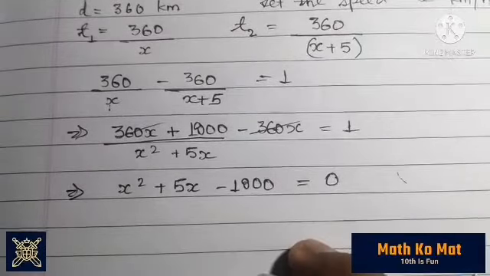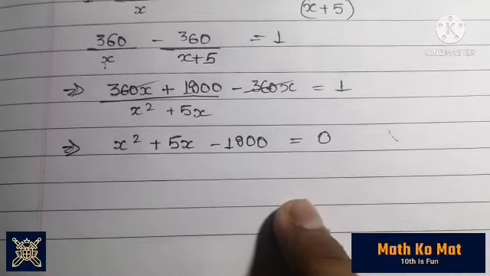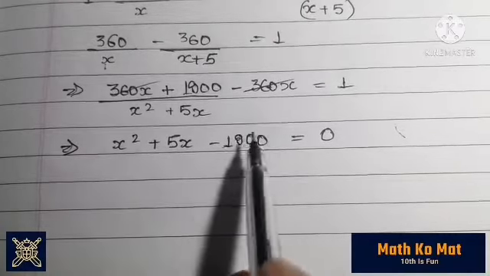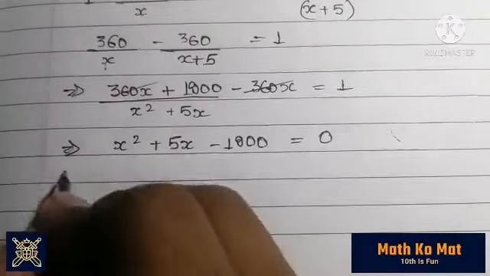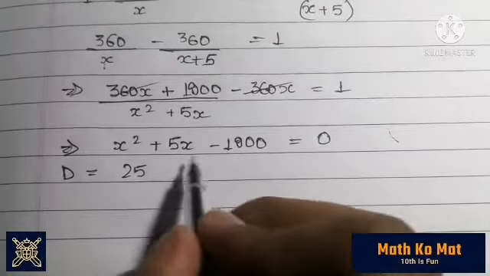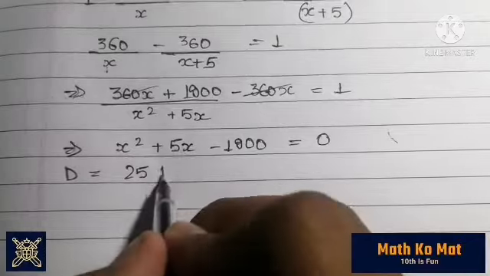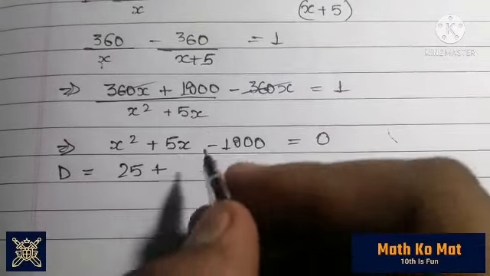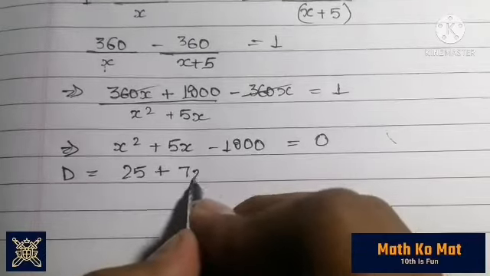Now since we have got a quadratic equation, the proceeding would be very easy. A is 1, B is 5, and C is minus 1800. Now you can find the value of D, the discriminant, which is equal to B square, 25, minus 4 into 1 into minus 1800. Since there is a negative sign, it would become positive. 4 into 1800 is 7200.